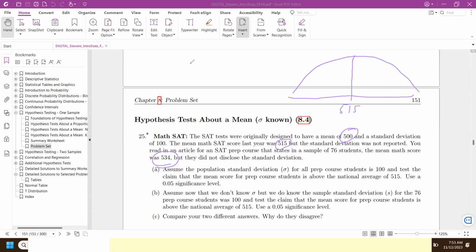So 534 is up here. And what we want to say is, what's the probability of getting a sample of 76 students where the average is going to be 534 or higher?